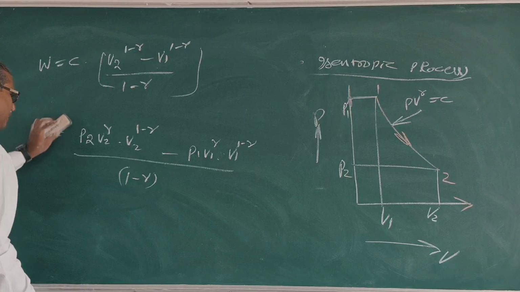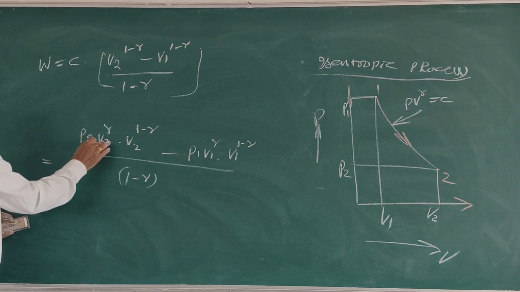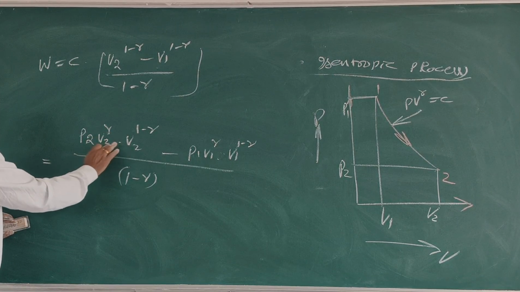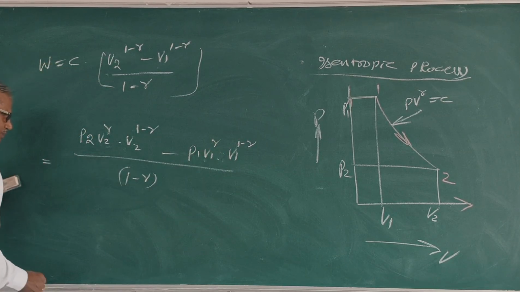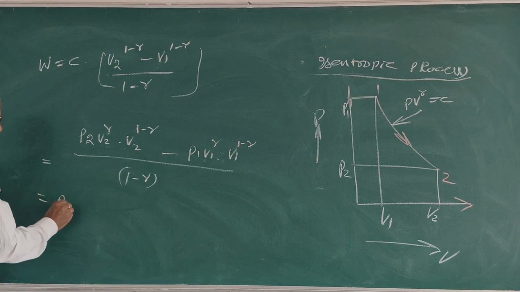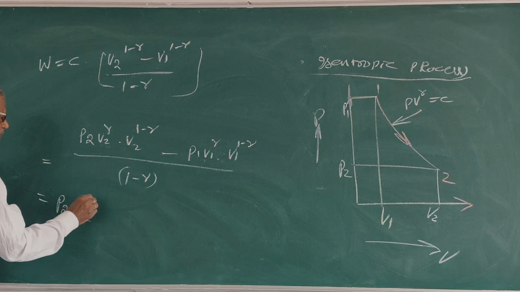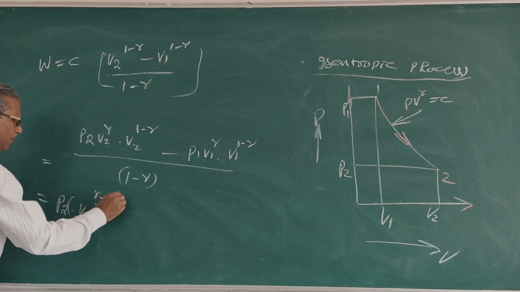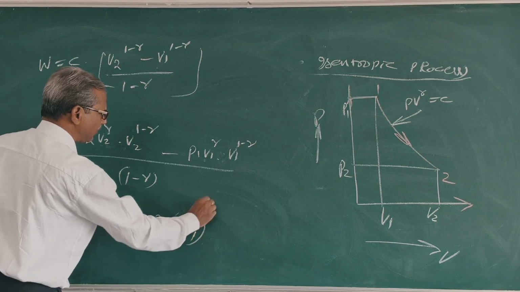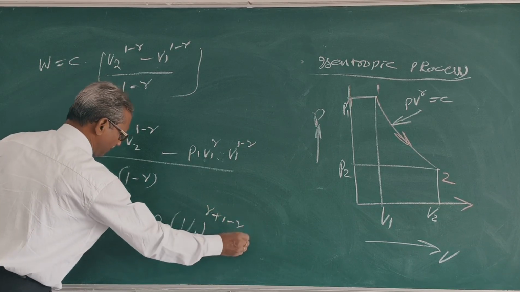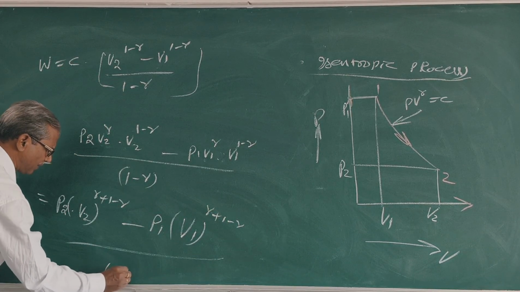The powers are added because both bases are the same. So this is equal to P2 V2 to the power of gamma plus 1 minus gamma, minus P1 V1 to the power of gamma plus 1 minus gamma, whole by 1 minus gamma. Clear? Gamma cancels.